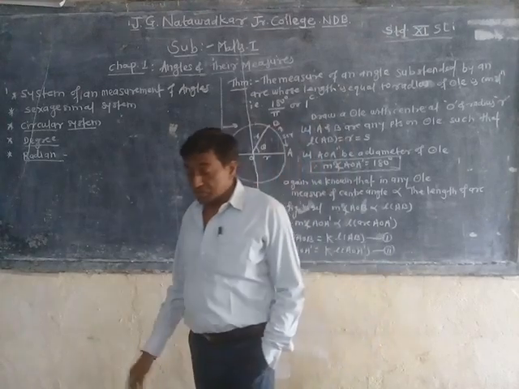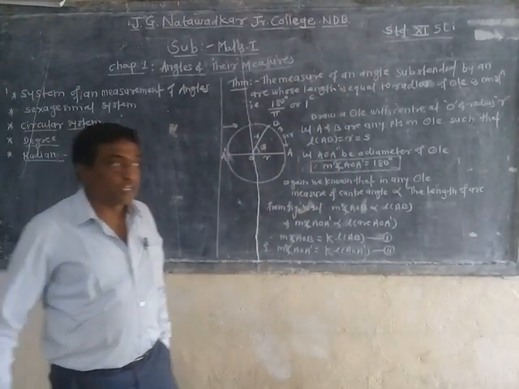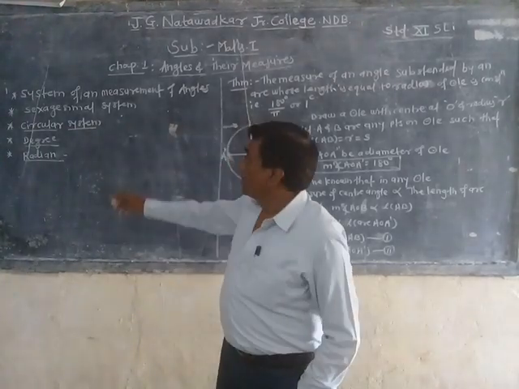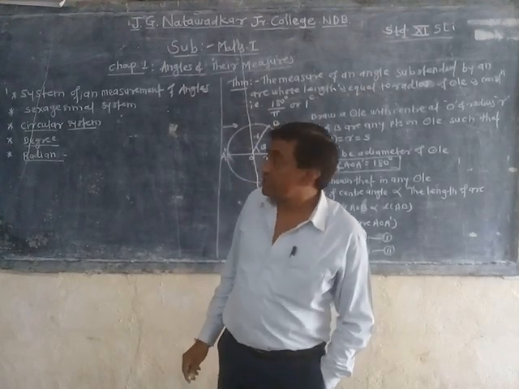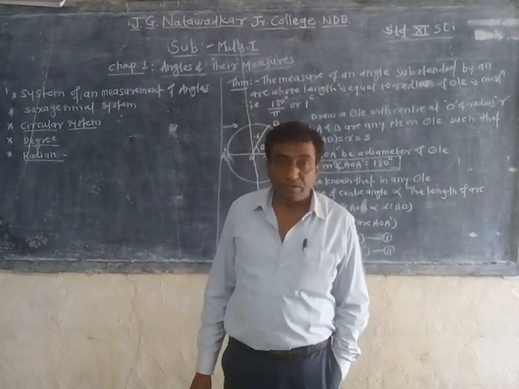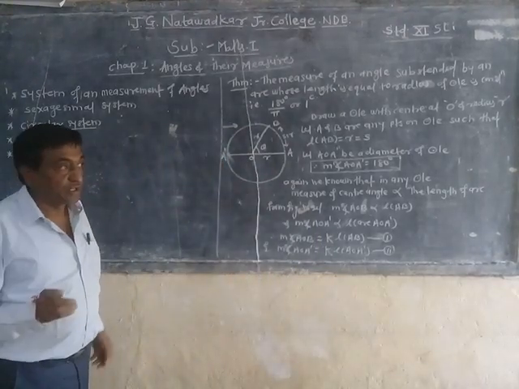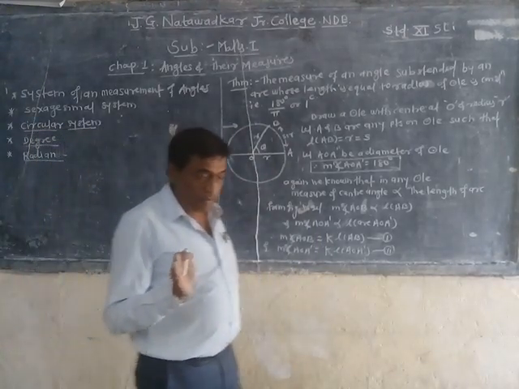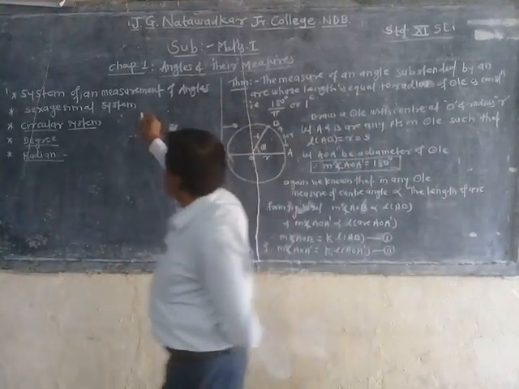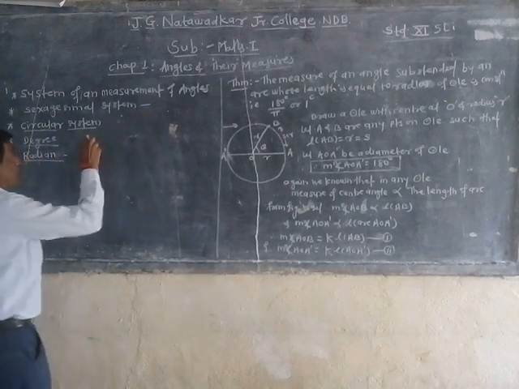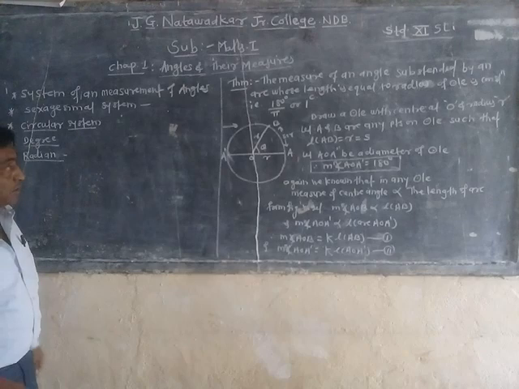The first one is the sexagesimal system, and the other is the circular system. In the sexagesimal system, the unit of measure of an angle is a degree, and in the circular system the unit of measure of an angle is a radian.